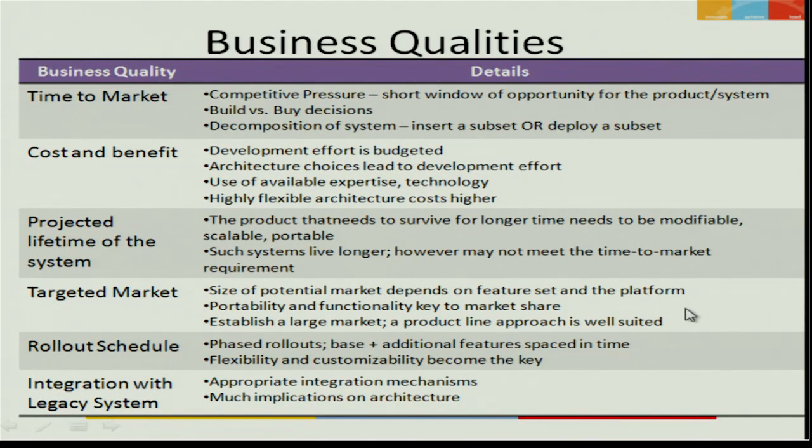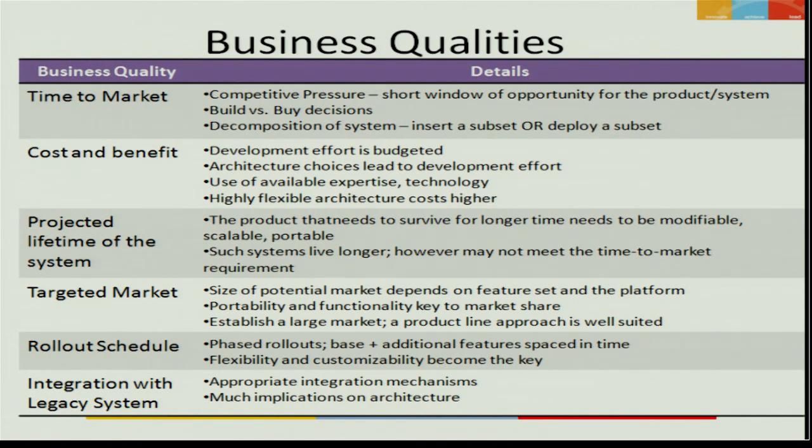This impacts functionality because it can tell which functionality to drop and which to keep. Build versus buy decisions are often taken for time to market. Even decomposition of the system, or deploying only a subset of a particular system, is also impacted by time to market.